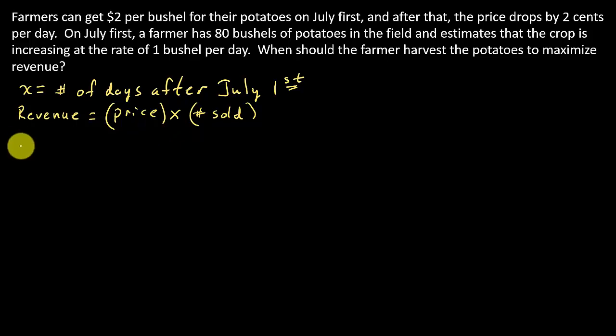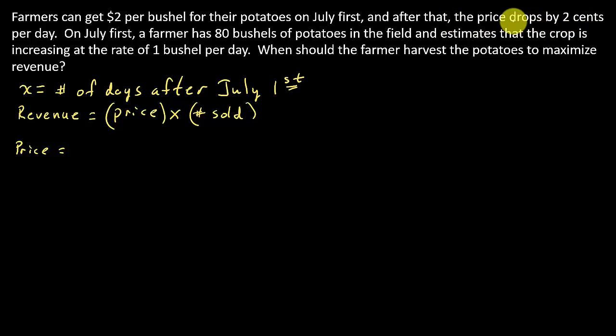So in this problem, we'll have price. All right. So let's see what the price is. It says farmers can get $2 per bushel for their potatoes on July 1st. And after that, the price drops by 2 cents per day.